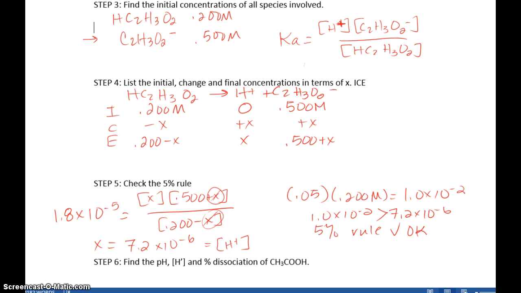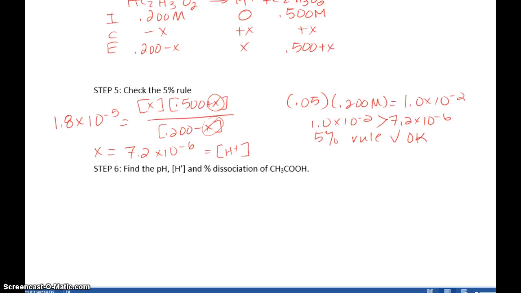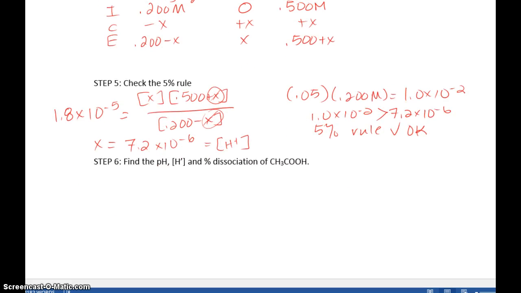And so then finally, we're going to go down here and find our pH. My pH is equal to the negative log of 7.2 times 10 to the minus 6.